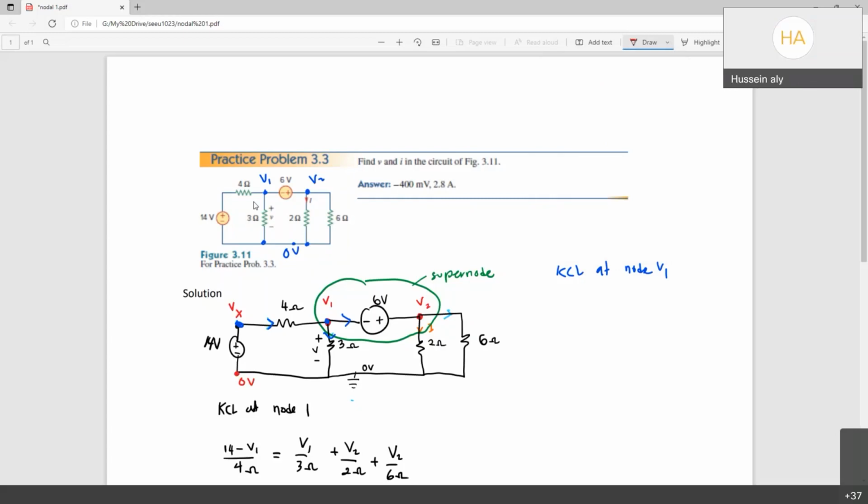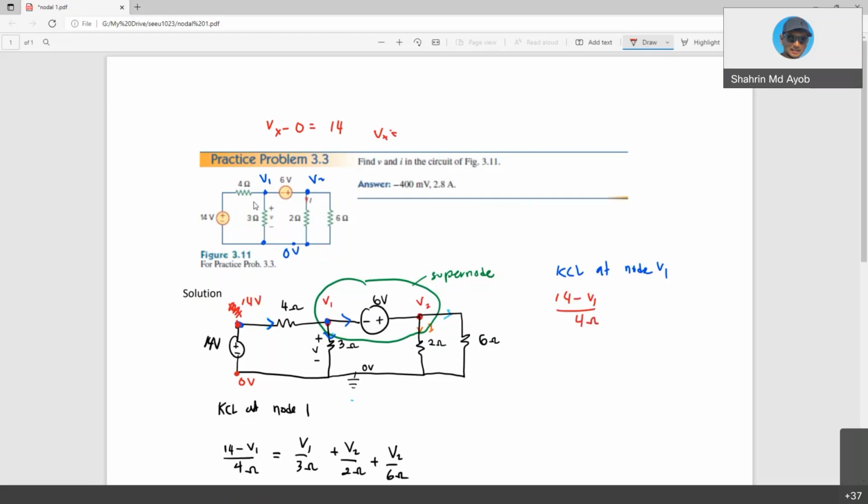Hussein, can you mute your microphone? Okay, thank you. So from here, I get Vx minus 0 equals 14. So my Vx is 14, meaning the value is 14 volts. So 14 minus V1 over 4 ohms, right?